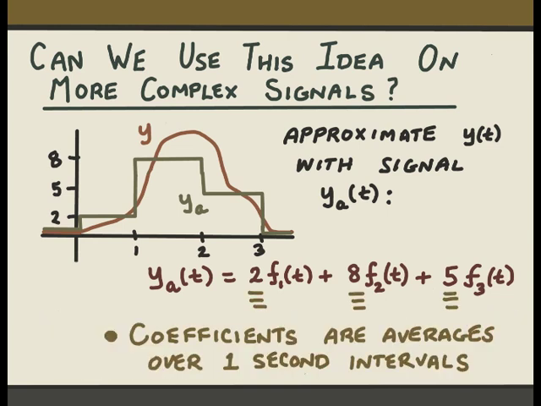Now the coefficients that give the best approximation are the averages of the signal y over these respective intervals. So the average of signal y over 0 to 1 second is 2, the average of signal y between 1 and 2 seconds is 8, and the average of signal y between 2 and 3 seconds is 5.